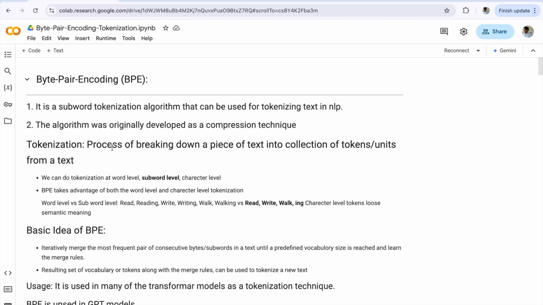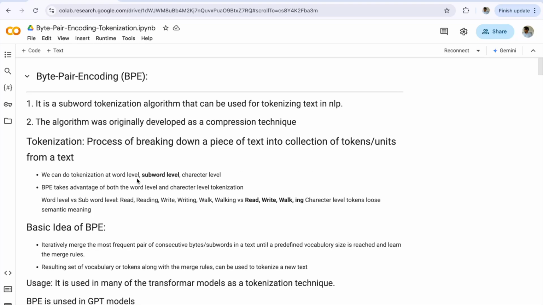We know tokenization is the process of breaking down text into a collection of small, meaningful tokens or units. So we use byte pair encoding for that purpose. Generally, tokenization could be done at word level, subword level, or character level.